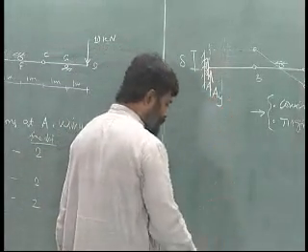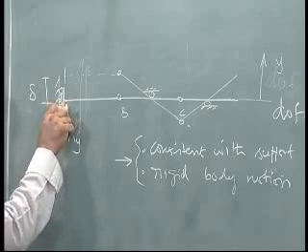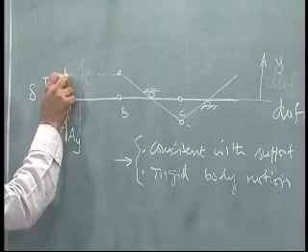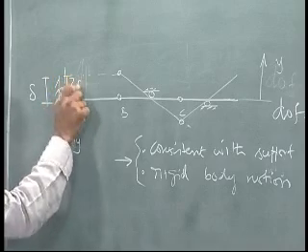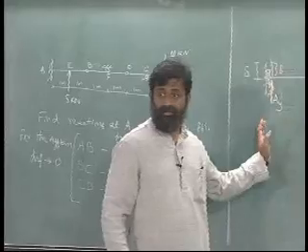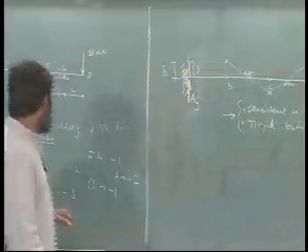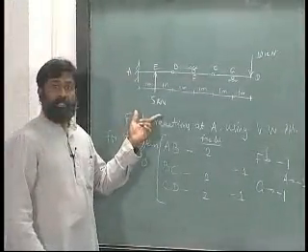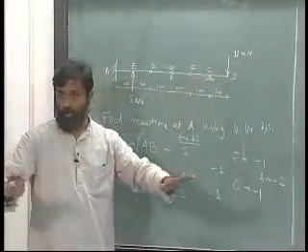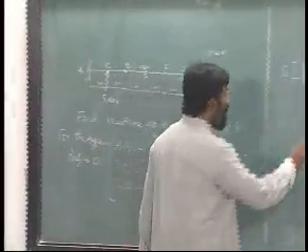What are the other active forces? Let me draw these active forces and also indicate the appropriate virtual displacements. There is a 5 kilonewton here and a 10 kilonewton here, that is all. So I am going to apply that.